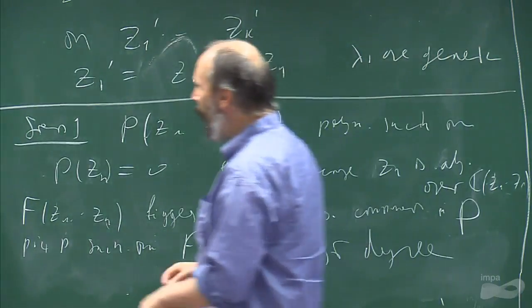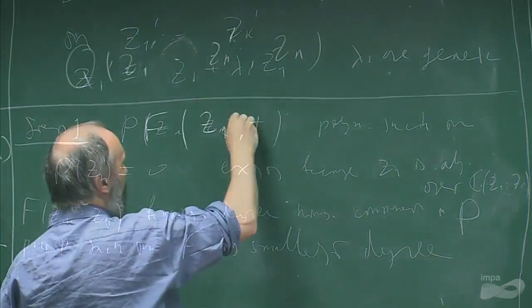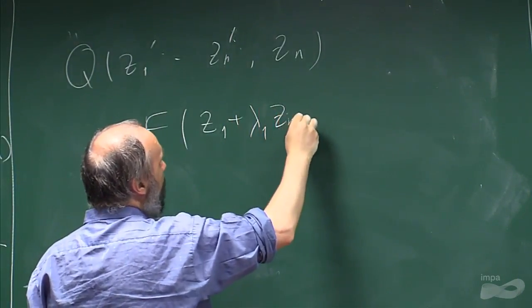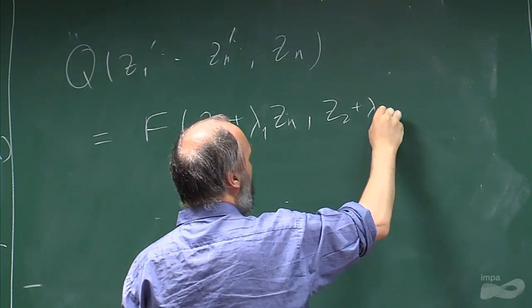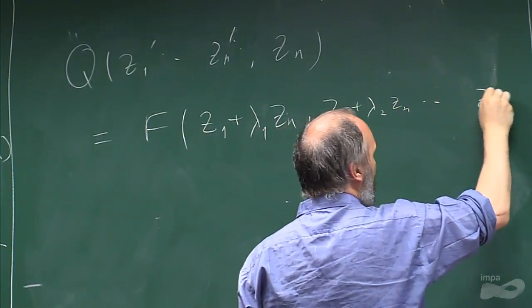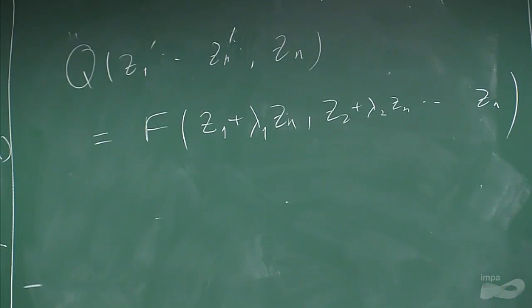So Q of z1 prime through zk prime, zn is f of our expression: z1 plus lambda 1 zn, z2 plus lambda 2 zn, and so on, zn. Okay, I would evaluate this polynomial at the point 0, 0, 0, 1.